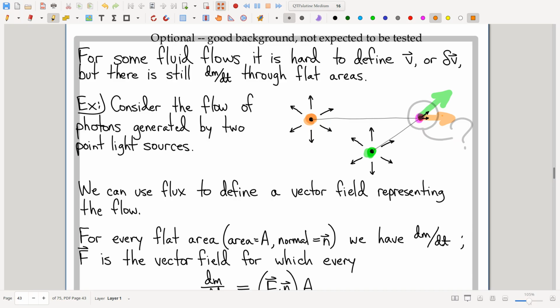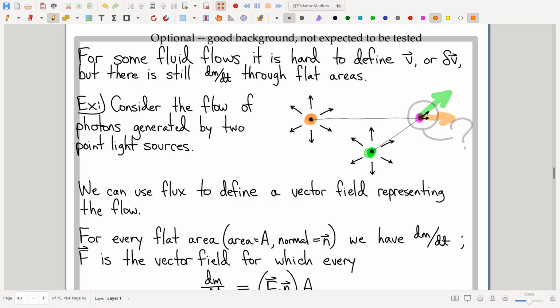What am I supposed to call the field vector at this point? I can't just pick between these two vectors. I mean, I guess I could add them, but why? Aside from it being an answer, why would it be natural to just add those vectors? Why does that make sense? Okay? So this is a hard problem.